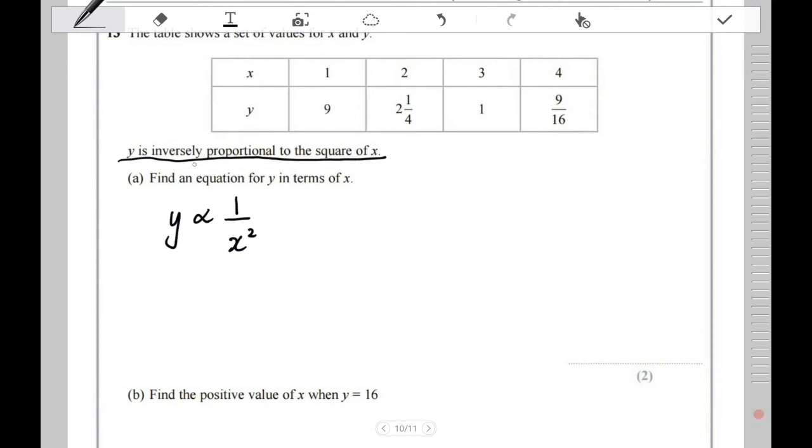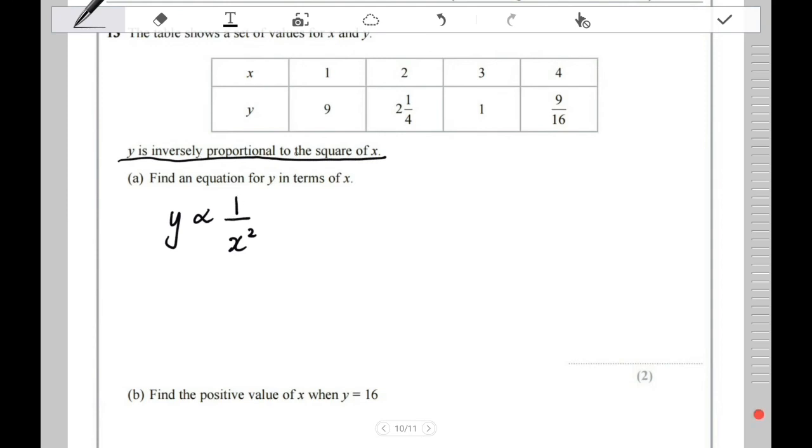If it said it was directly proportional, it would just be y is proportional to x squared. But because it says inversely proportional, we'll put it in fraction form and put it as the denominator. So it will be the reciprocal. Whenever it's inversely, it means it's the reciprocal. It's 1 over that.